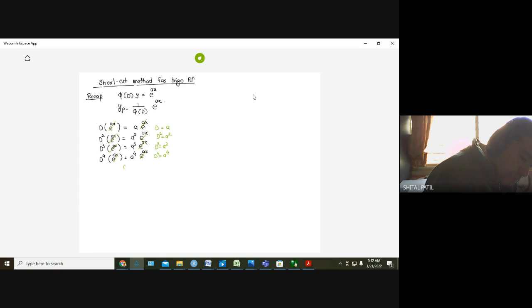So it will be sufficient to replace D by a. Therefore we have written the formula this way. Again, we started with y_p equal to 1 upon phi of D operated on e raised to ax. Since we decided on replacing D by a, the formula was 1 upon phi of a, e raised to ax. Hope everyone remembers all these things.